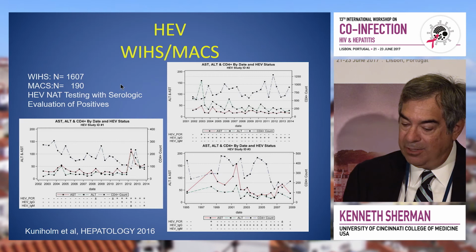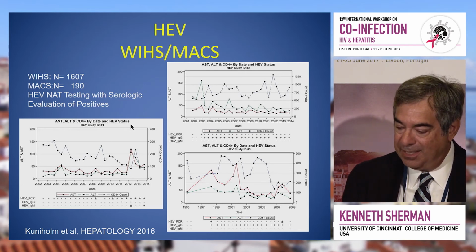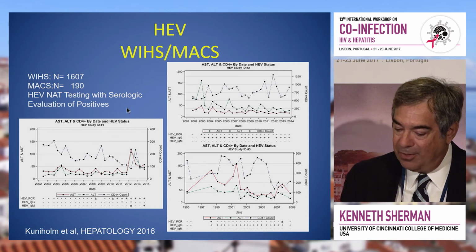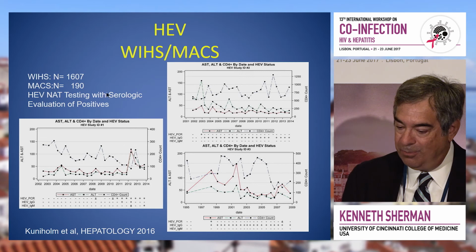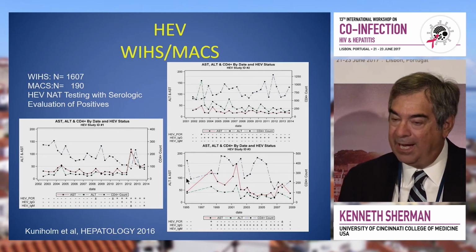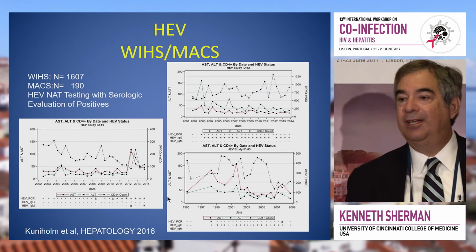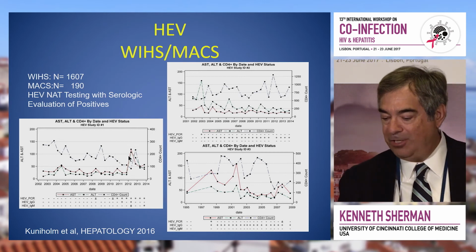They used an approach of doing HEV NAT testing, which is the PCR, with serologic evaluation of the positives. Among this large group, they found only 3 positive patients, and were able to go back to prior samples of those positives and focus on those patients.